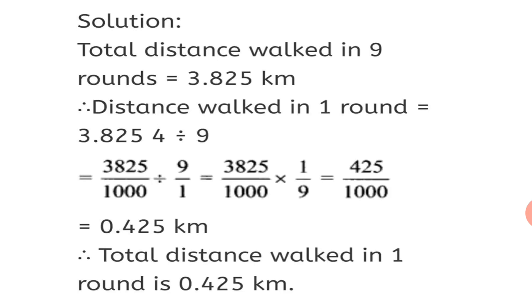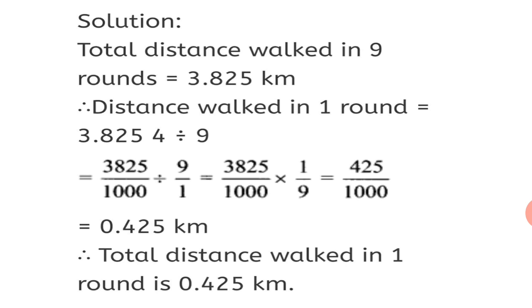Okay. So solution, total distance walked in 9 rounds is equal to 3.825 kilometers. Therefore, distance walked in one round is equal to 3.825 divided by 9. Okay. Kindly ignore the 4 which is there.